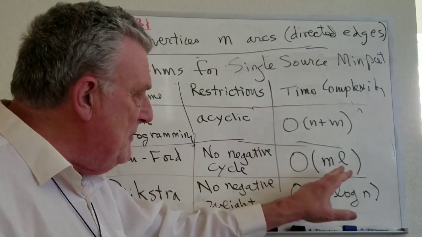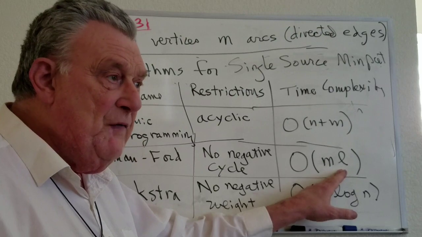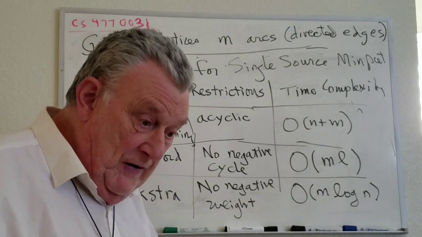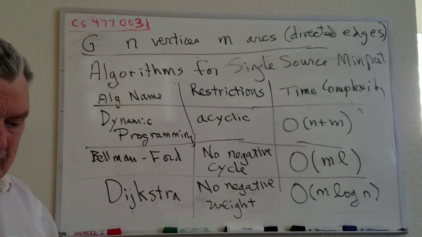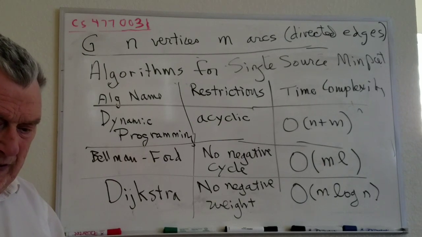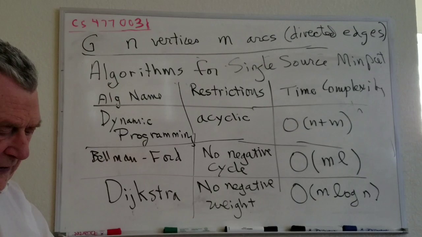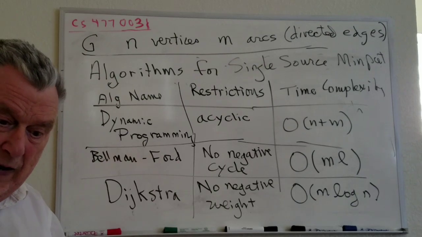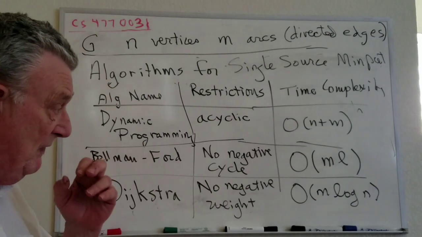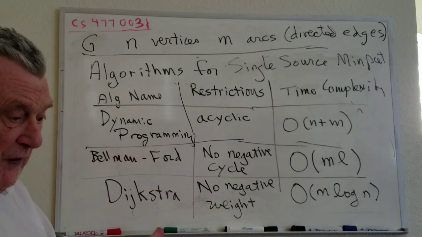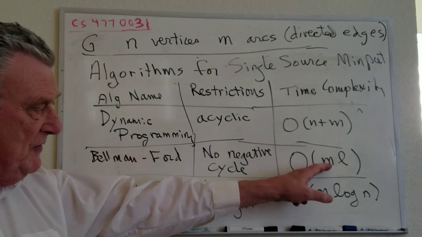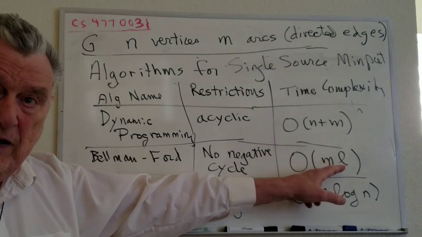If you take the internet and think of the graph consisting of all internet pages, and the arcs are links. There's an arc from page X to page Y, meaning that there's a link on page X which gets you to page Y. Now, the number of arcs would be very large, and the number of nodes would be very large.